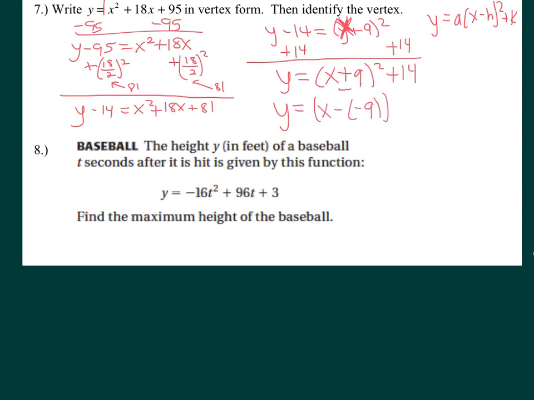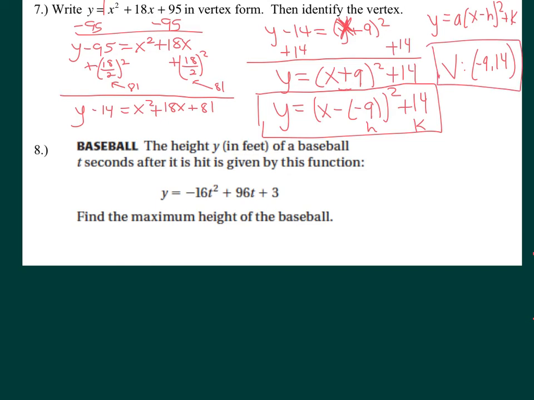Must have been negative 9, so that minus a minus is how I got to the plus sign. So that tells me my h value is negative 9, and my k value is 14. So the vertex has coordinates negative 9, comma 14. There's my vertex form. And there is my vertex.